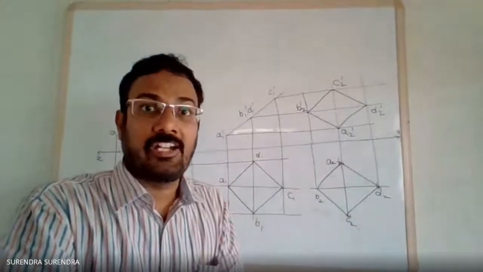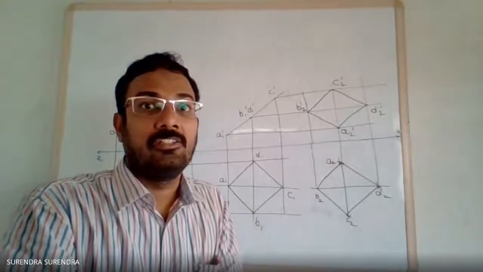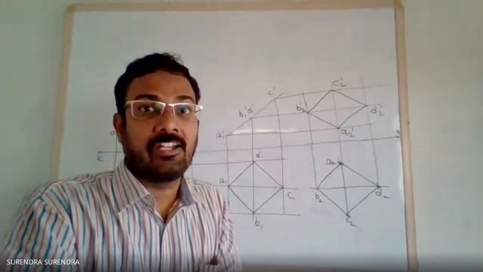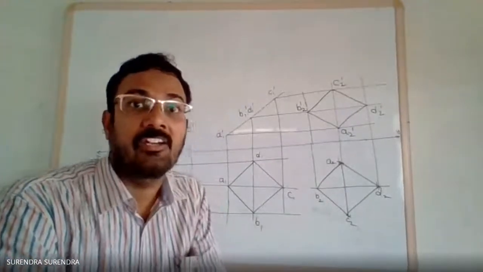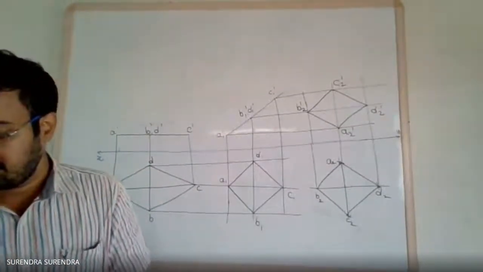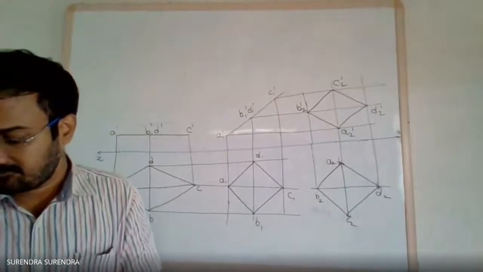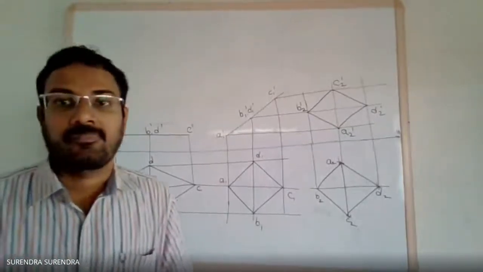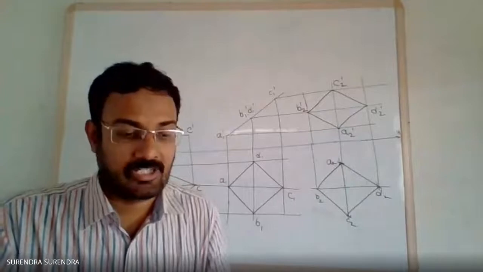Means the shorter diagonal is parallel to both HP and VP. Is it clear? Shall I move to the next problem?